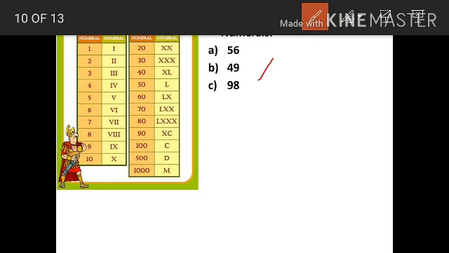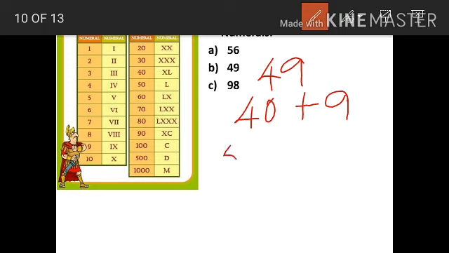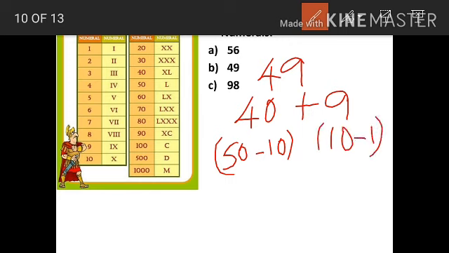Now what about the next one? It is 49. 49 can be written as 40 plus 9. Now we have to write the symbol for 40. We know that 40 means 50 minus 10. Again 9 means what? 10 minus 1, isn't it?